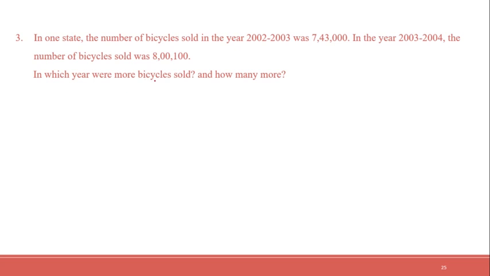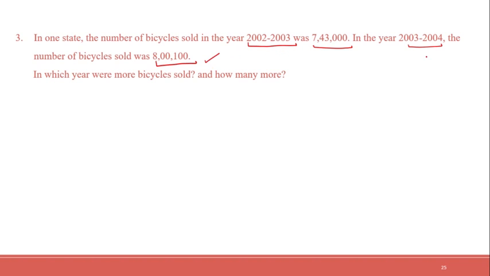In which year were more bicycles sold and how many more? The question wants to know, in this year 7 lakh 43,000 bicycles were sold, and in the year 2003 to 2004, 8 lakh 100 bicycles were sold. So first tell me, which is greater? In which year were more bicycles sold?